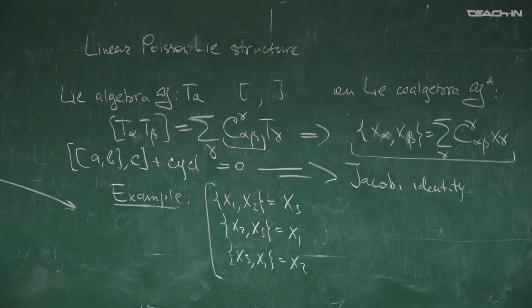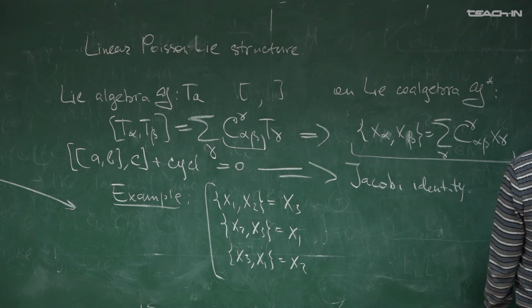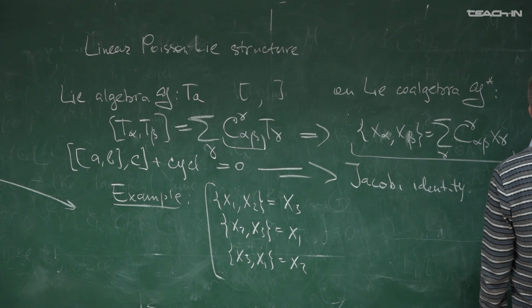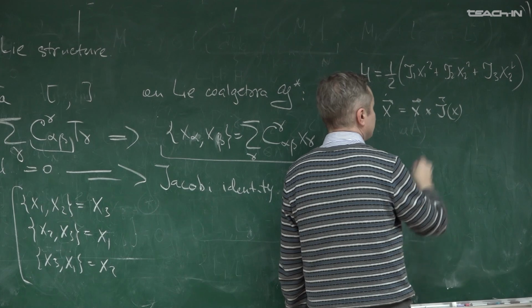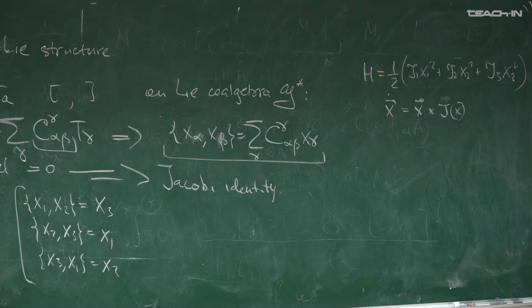If you write equations of motion for this vector x, which consists of 3 coordinates, then you will find that it is just the Euler equation which describes the motion of three-dimensional rotation of a rotational solid body in three-dimensional space.